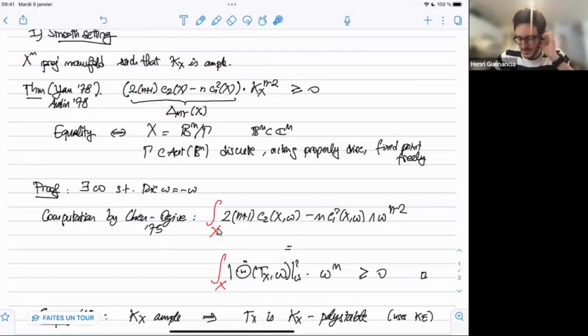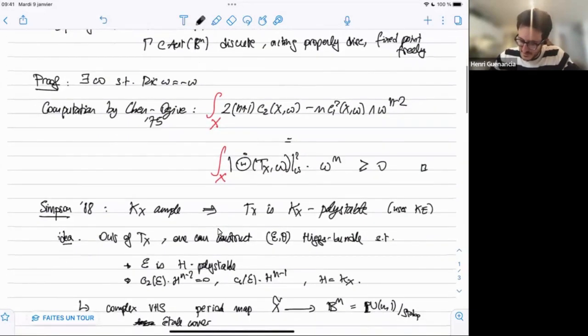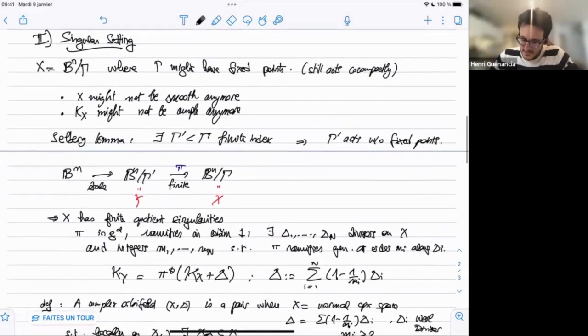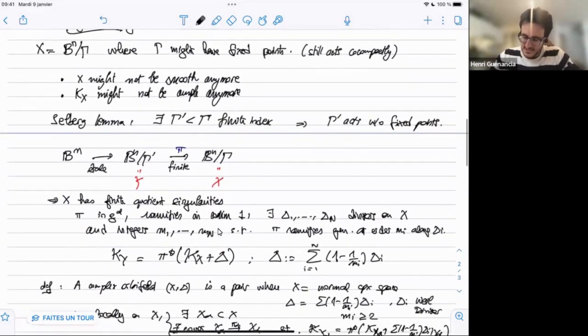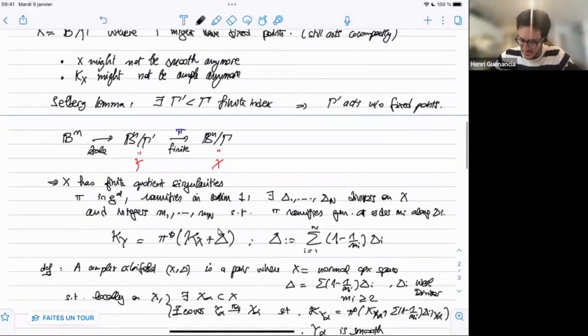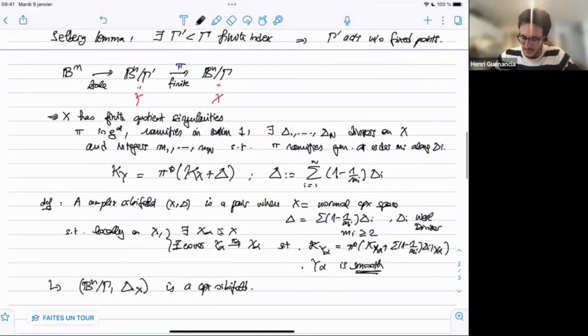I'm going to have the same inequality, and I'm going to have just as much a characterization of equality by being an orbifold quotient of the ball in the same way as in the smooth case. So we can slightly enlarge the category of projective manifolds to the category of projective orbifolds and have a uniformization criterion that will be just the same.